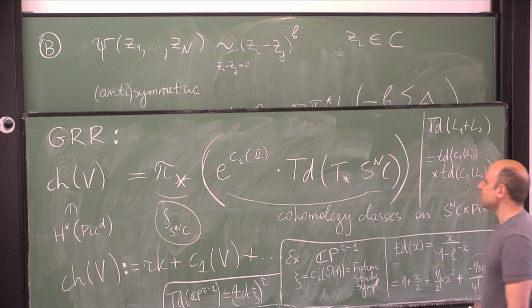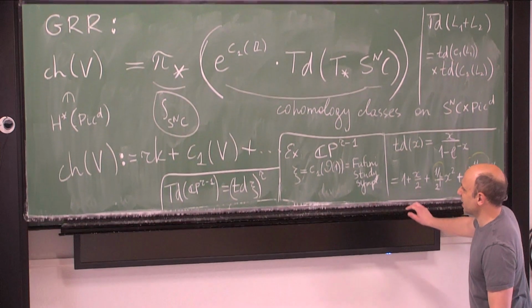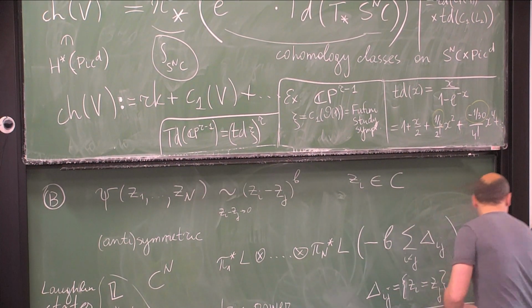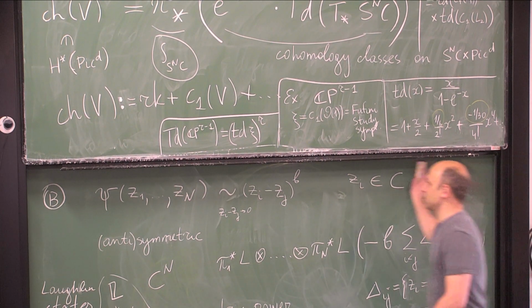Okay, so I was planning to tell you a little bit about the computation, but it is obviously too late. So I'll write the answer and just wave my hands a little bit.